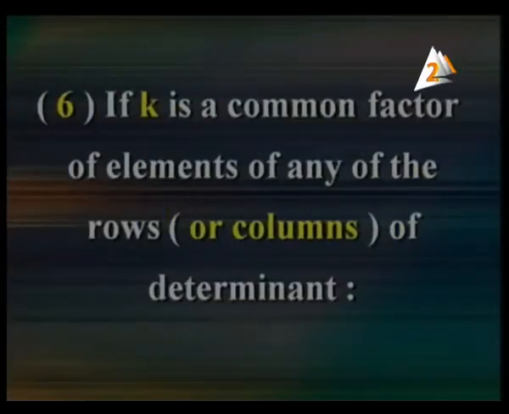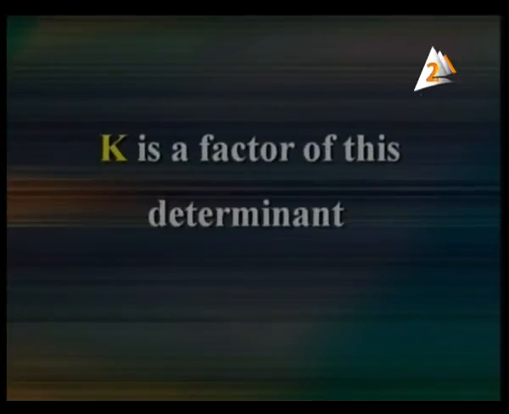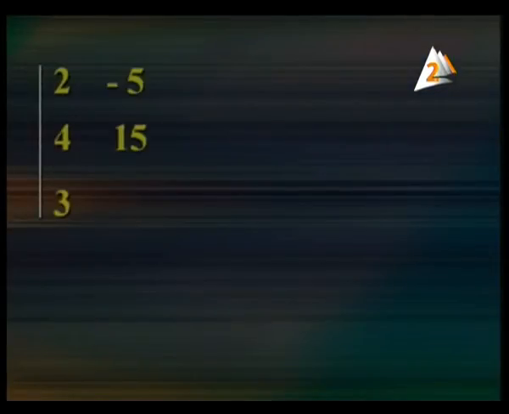If k is a common factor of the elements of any row or column of a determinant, k is a factor of this determinant. Look at the example. We have a determinant of third degree 2, -5, 3, 4, 15, 1, 3, 10, 2. We can take the common factor 5 from C2.